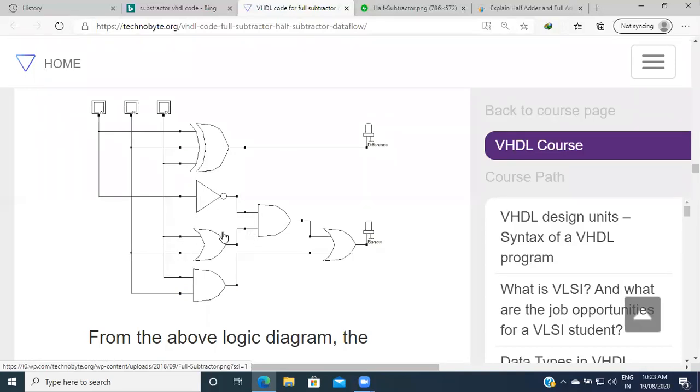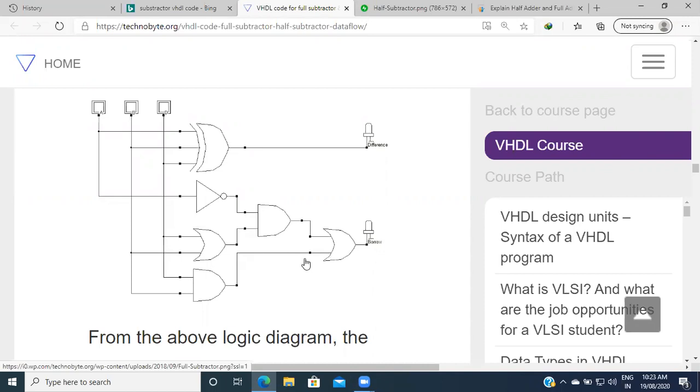Then from these two gates, the OR gate and the AND gate, ORing of B and D and ANDing of B and D. From this ORing operation that is applied to the AND gate, then from this AND gate to the OR gate.